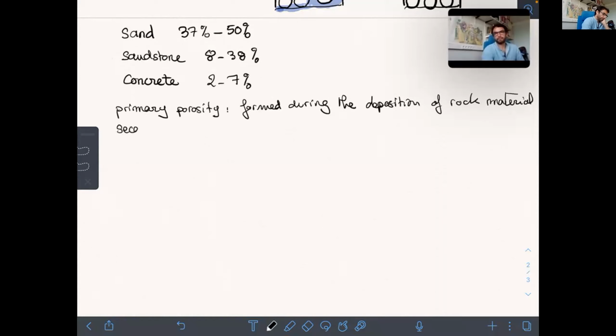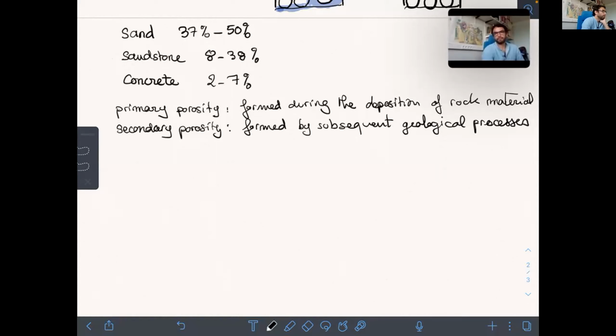And we have secondary porosity, that is formed by subsequent geological processes. So this could be, for instance, fractures or cavities, for example, in karst systems.